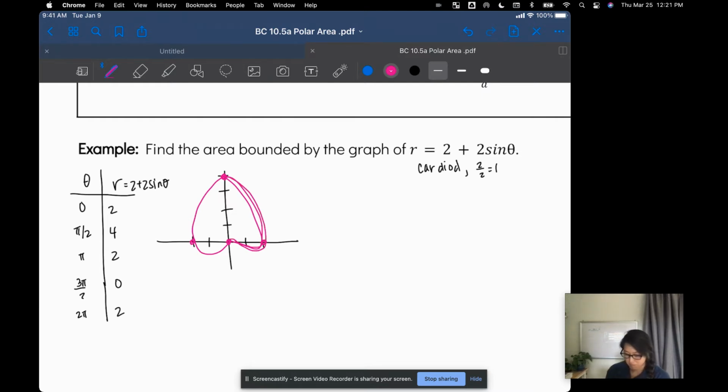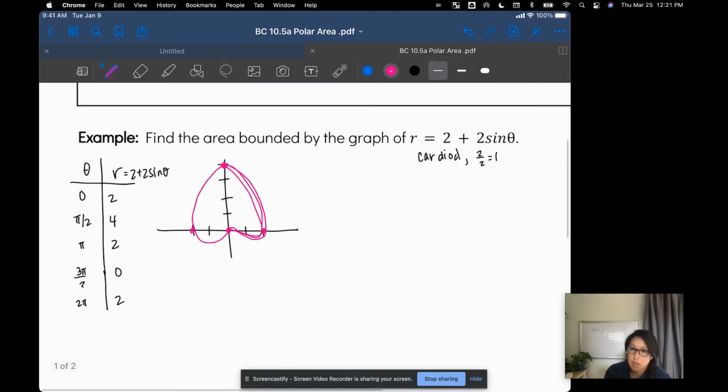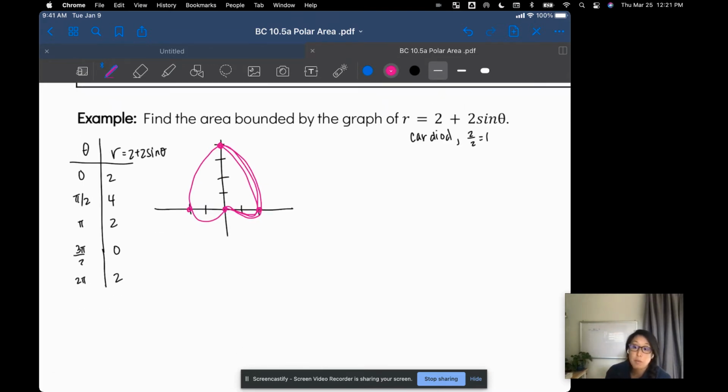Okay, that's fine. So when we're talking about the area under the curve of a polar graph, we're taking the length from the pole to the curve. So we're adding up the lengths from the pole to the edge of the curve.